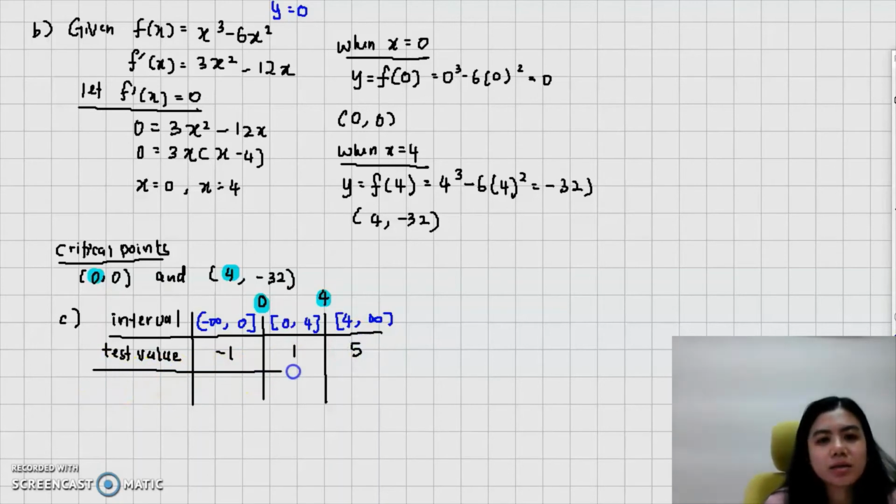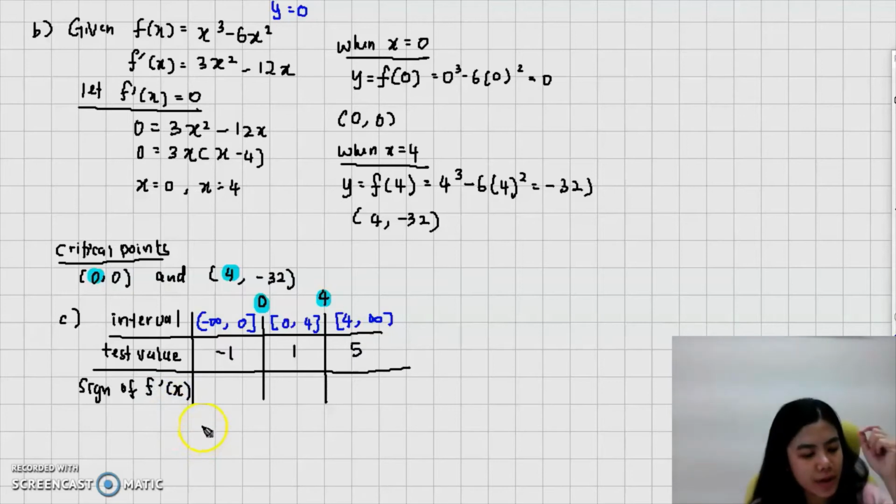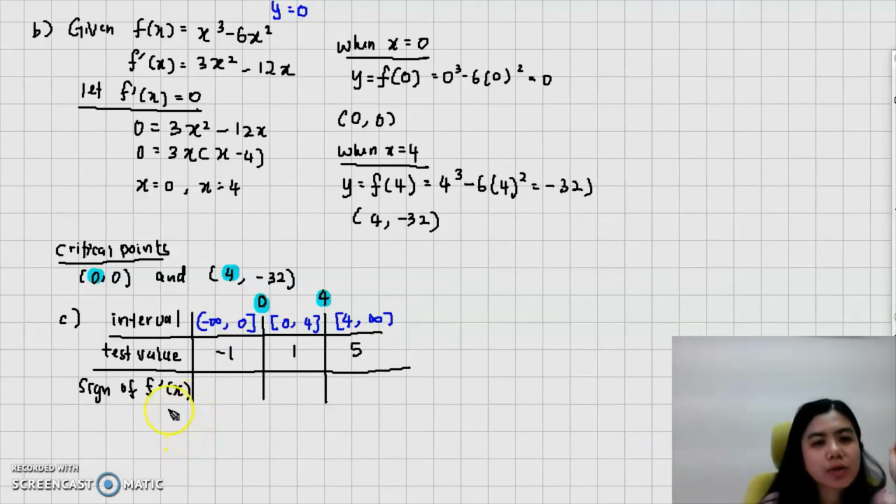The next thing that you should do is check the sign of f prime. What does it mean by the sign of f prime? It means that you're going to substitute the test value inside here. So for instance, I have f prime, and I'm going to substitute -1 into my f prime.